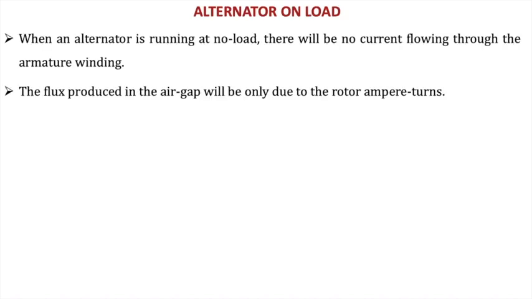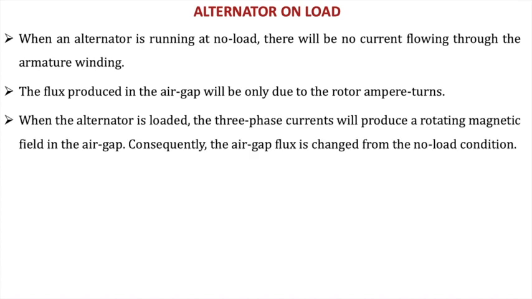So when you have an alternator on load, what will be the different voltages? When the armature is on no load, there will be no current in the armature winding, and if there is no current in the armature winding, no armature MMF will be produced. But as soon as you load the alternator, a current starts flowing in the armature, and therefore a magnetic field will be produced by the armature currents.